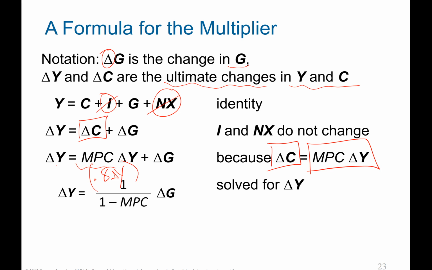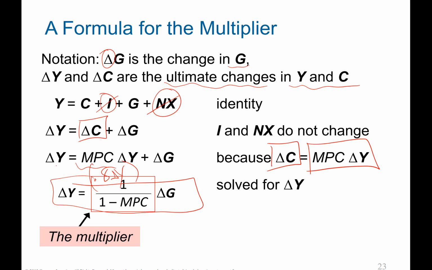All right, so the change in Y, if we solve for that change in Y, we can say that 1 over 1 minus the marginal propensity to consume times the change in G is equal to this. So we've solved for that change in Y, and here's our formula. Here's our multiplier.